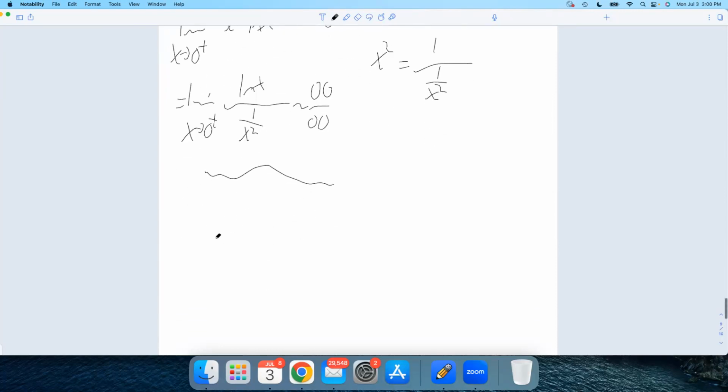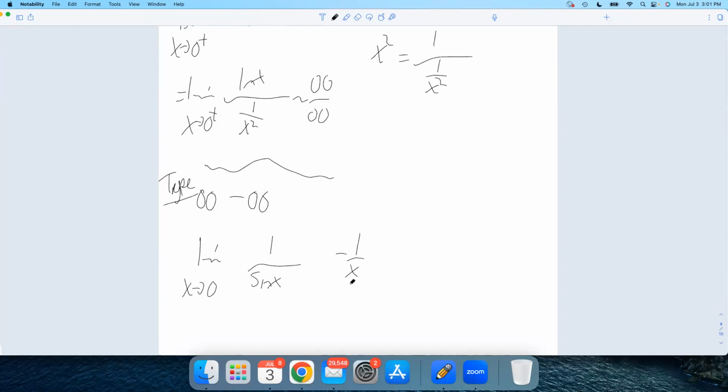Okay, what about infinity minus infinity? These don't always work, but sometimes when you're taking a limit that looks like this, you're able to rearrange things to get either 0 over 0 or infinity over infinity. So for example, say I want the limit as x approaches 0 of 1 over sine of x minus 1 over x.